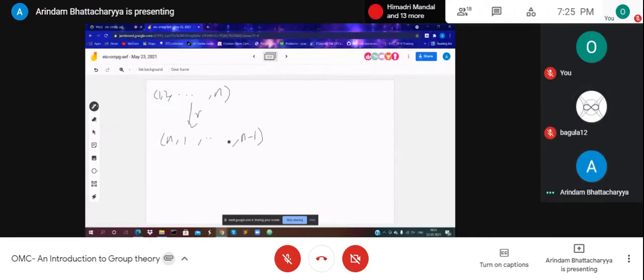This is a cyclic permutation, shifted by one. Is this clear? Yes, I got you. So using this, you can prove that R is equal to SR only. But what will S do? It's not that hard.